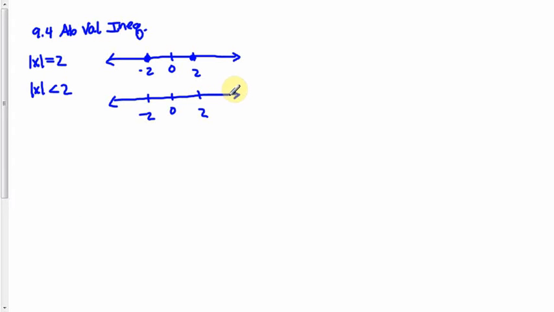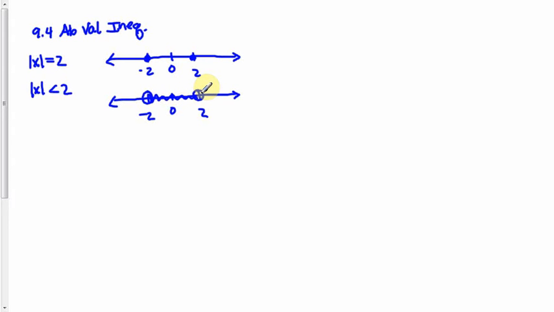What's the absolute value of 3? Is that less than 2? No. Okay. So what about negative 1? What's the absolute value of negative 1? 1. Is 1 less than 2? Yes. So if you are looking for an absolute value of something to be less than 2, then it would be all the numbers that would be between negative 2 and positive 2.